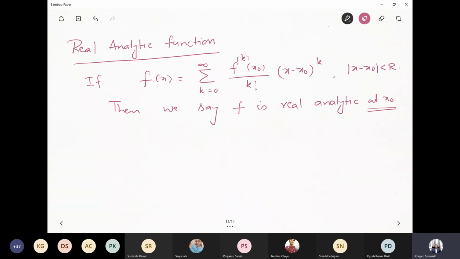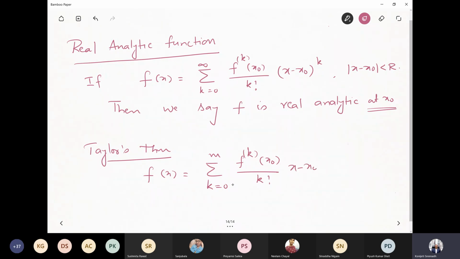Okay. So you see that this is the Taylor series. So let me briefly recall how we get the Taylor series. It is from Taylor's theorem. What Taylor's theorem says is that you can write the function f(x) as the sum over k equals 0 to m of f^(k)(x0) by k factorial into (x - x0)^k, plus a remainder term R_{m+1}.